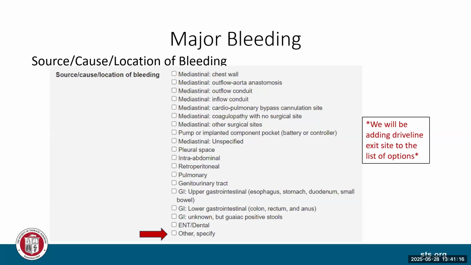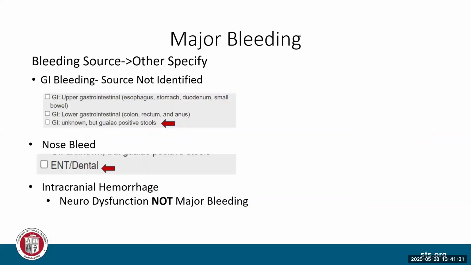And so we were just recently looking at what other locations are in that other specify that we're probably missing and we need to add to this list. And so we looked at those, and I just wanted to highlight some of this. We noticed there was kind of a trend with GI bleeding, source not identified, GI bleeding unknown, and these are examples of what was typed into that text box.